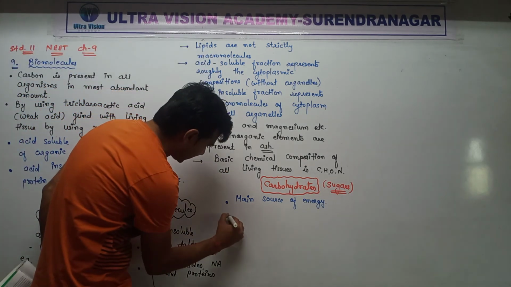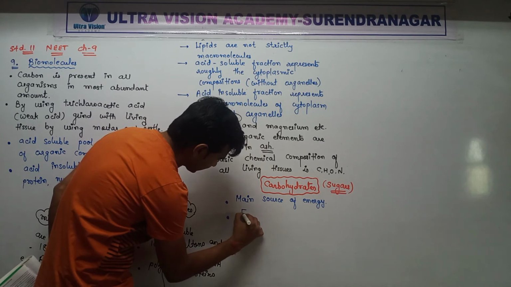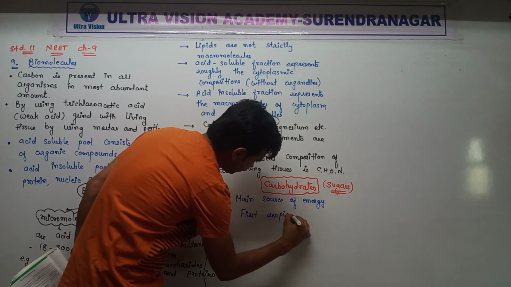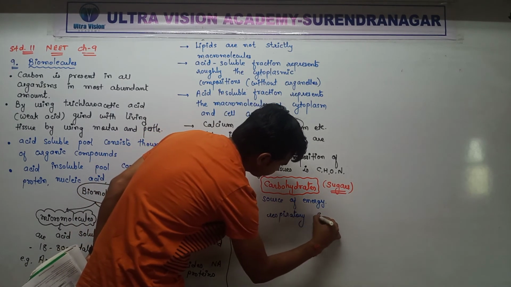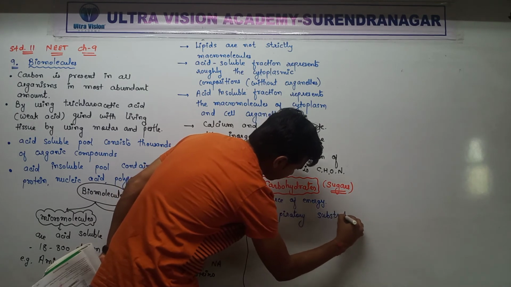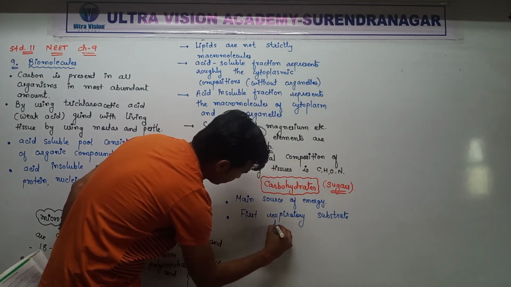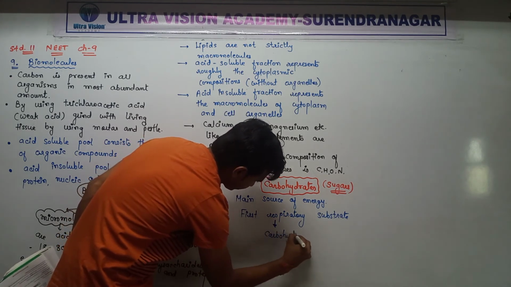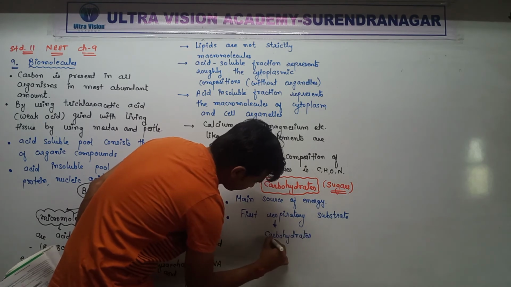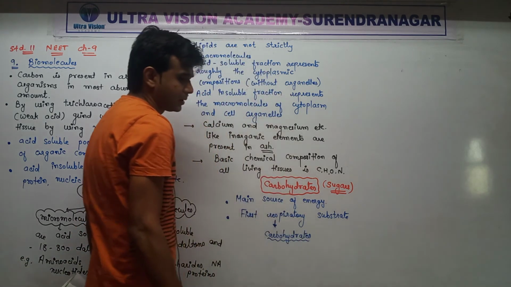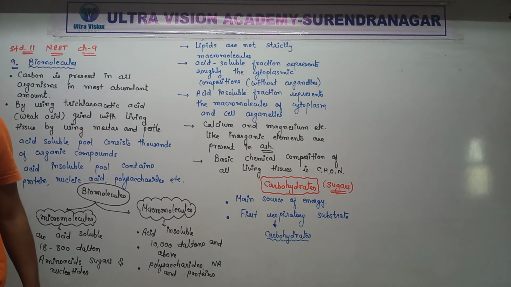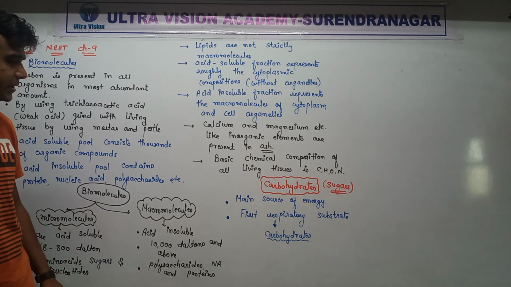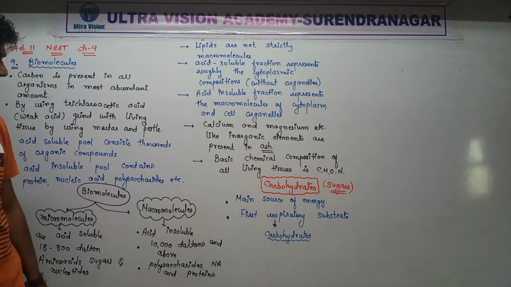So the first prime respiratory substrate is carbohydrate. Out of all these molecules, we immediately obtain energy from carbohydrate.